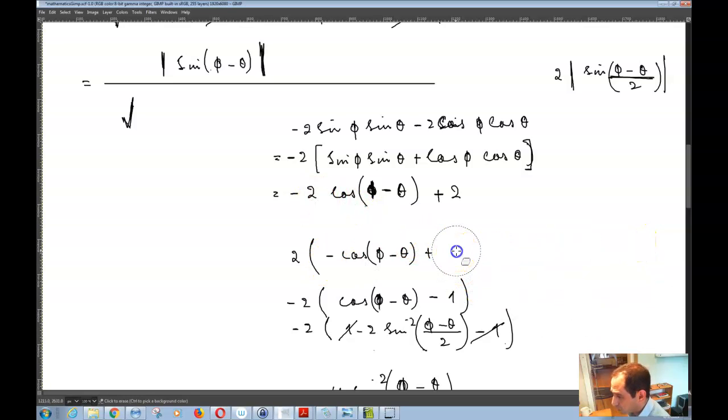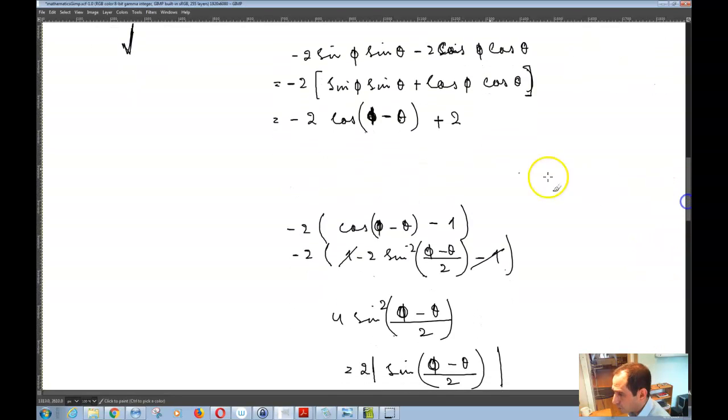I can take a negative 2 out from here, and then I will get cos of phi minus theta minus 1. Minus 1 times minus 2 is positive 2, which gives negative 2 cos phi minus theta plus 2. So I take a negative 2 out and write this as cos of phi minus theta minus 1.